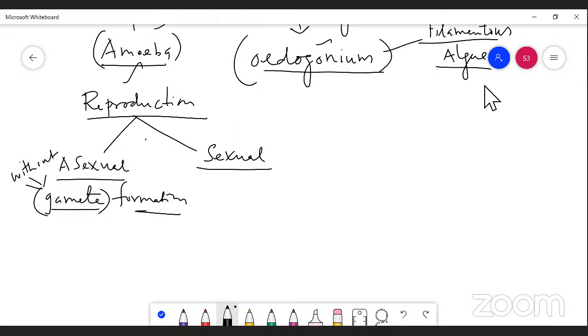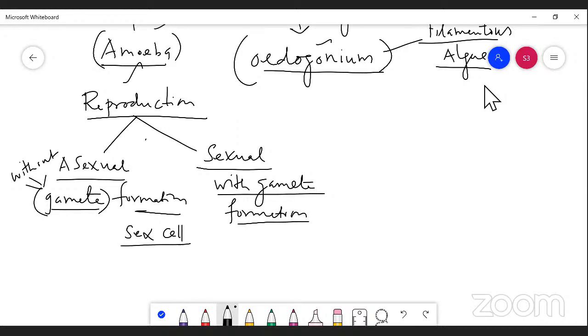Sexual reproduction is with gamete formation. What is a gamete? The gamete is called the sex cell. Sex is identified by XX, the female, and XY, the male.